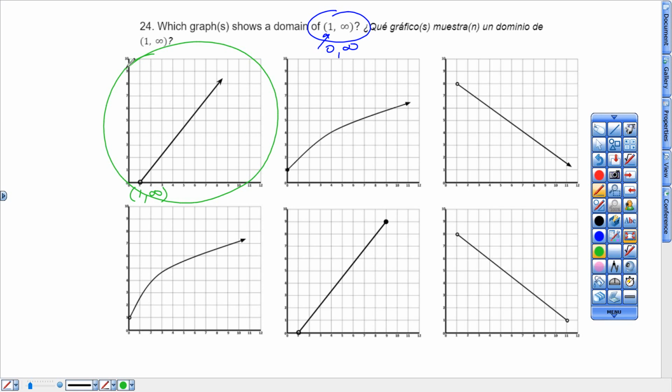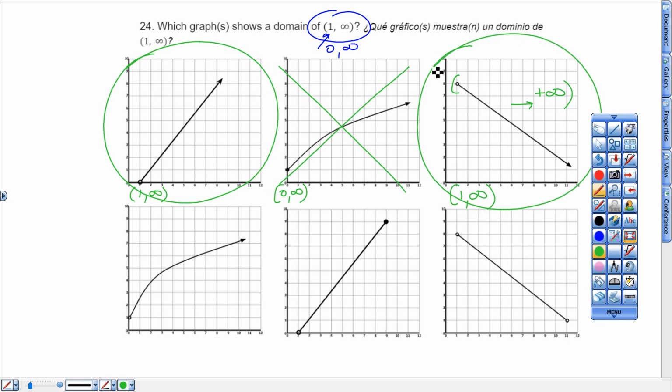This guy starting at square bracket 0 to positive infinity, no good. This one starting at 1, and even though it's going to the right, that is positive infinity. So there's another one that matches 1 positive infinity. This one is 1 rounded infinity positive.